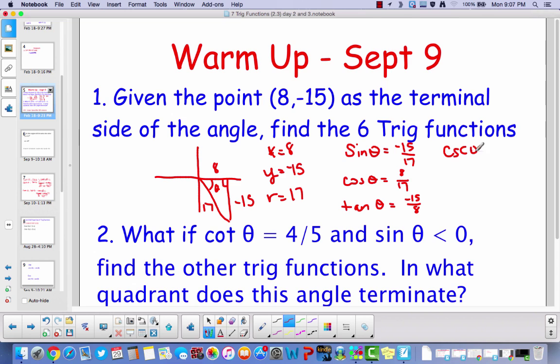Cosecant of theta is the reciprocal of sine, so 17 over negative 15. Secant of theta is the reciprocal of cosine, so 17 over 8. And cotangent of theta is the reciprocal of tangent, so negative 8 over 15.